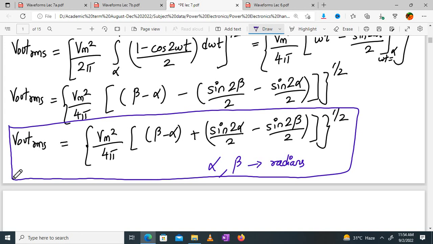This is RMS output or load voltage. RMS output voltage or RMS load voltage. Both are the same. Output and load are the same. Completed? This is RMS load slash output voltage.